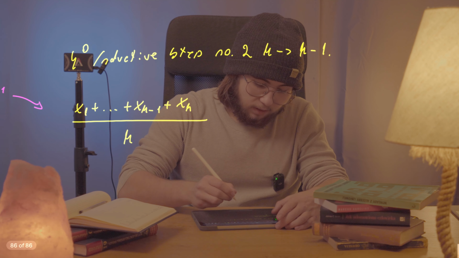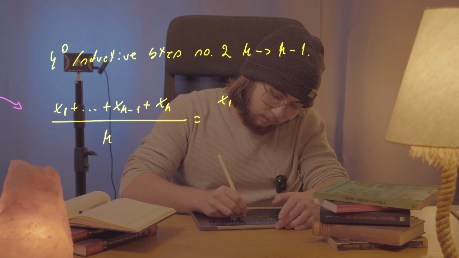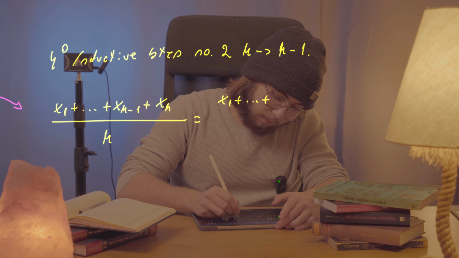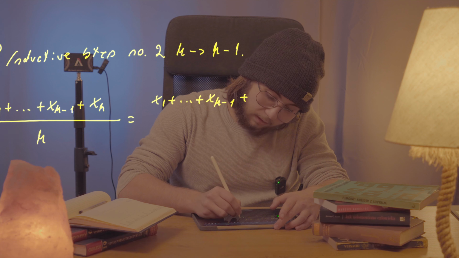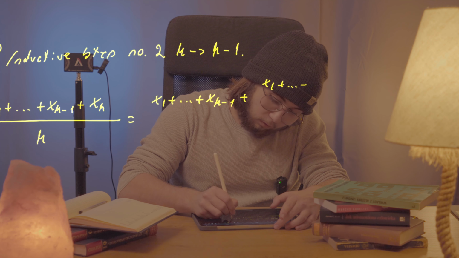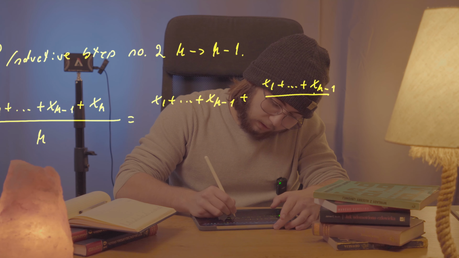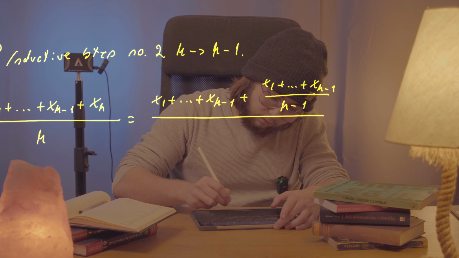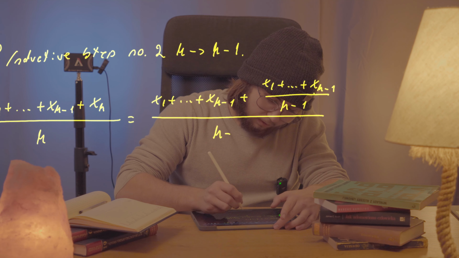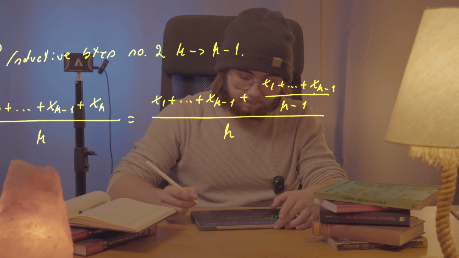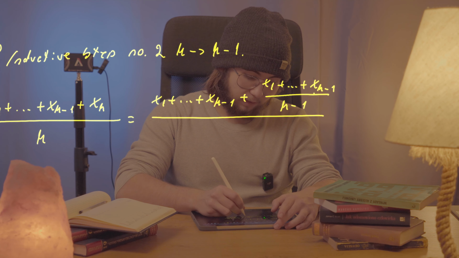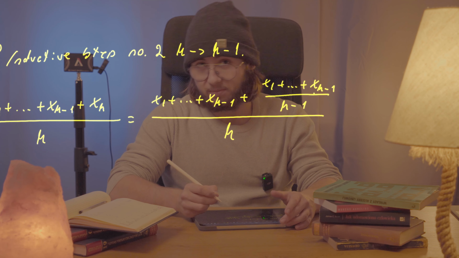And so what I'm getting is the sum of all of those x sub i's until x sub k minus 1 plus x1 plus ... plus x sub k minus 1 all over k minus 1, and now everything once again over k, not k minus 1, but k. Lovely. Now it doesn't look better, but whatever.